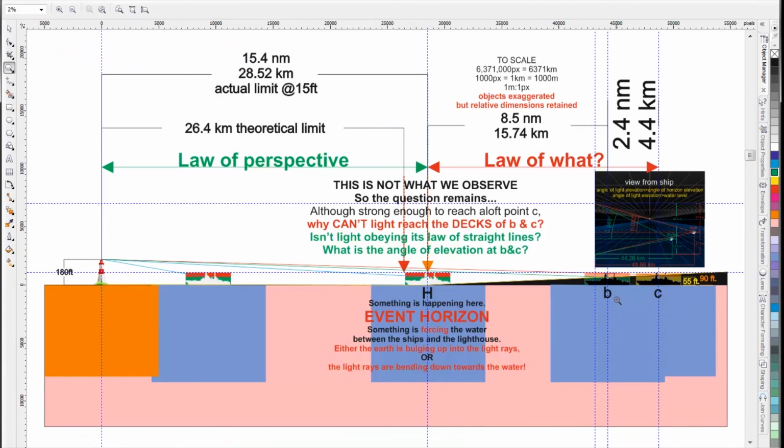So let's imagine we have 3 ships. One sitting at H and the other 2 at B and C. You can clearly see that the red light rays that reach points B and C pass directly above the ship at H. So what would it look like from the bridge at B if we were to look straight out the window?